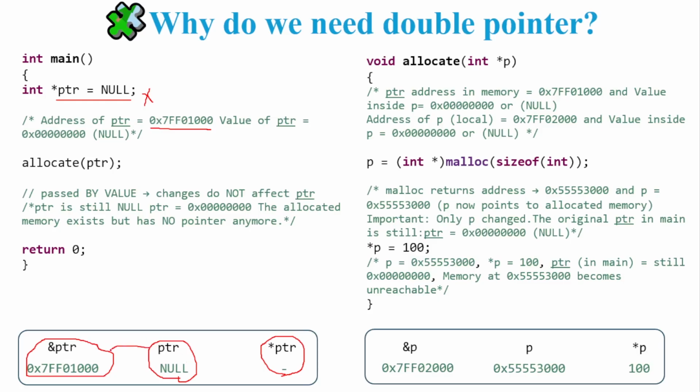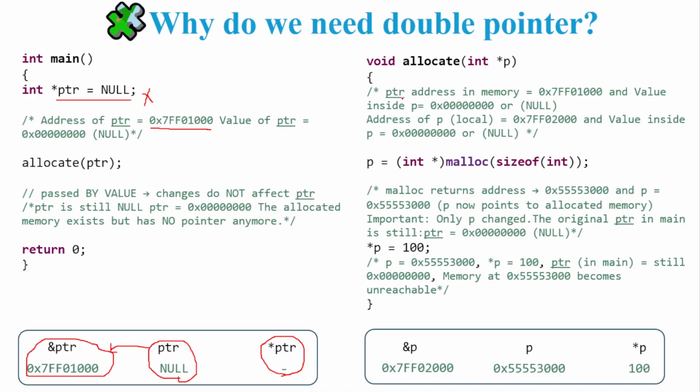In this program, we start in main by declaring a pointer ptr with value NULL, stored at memory address 7FF01000, meaning it points to nothing yet. When we call the allocate(ptr) function, the ptr pointer is passed by value, so the function receives a copy of the pointer's value, not its original memory location.